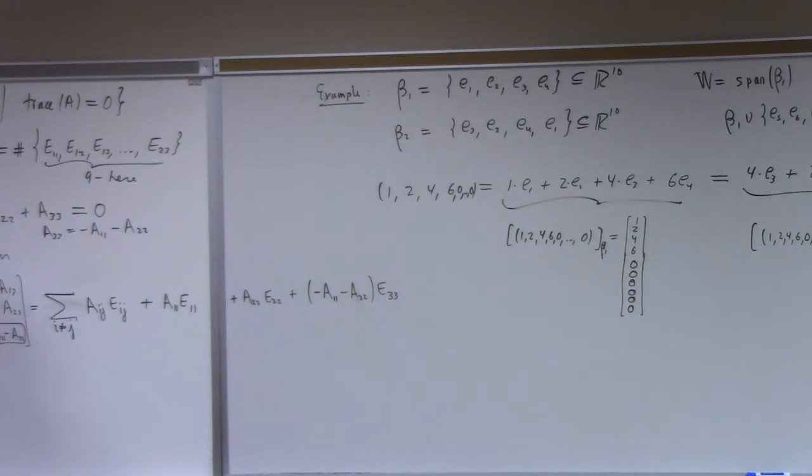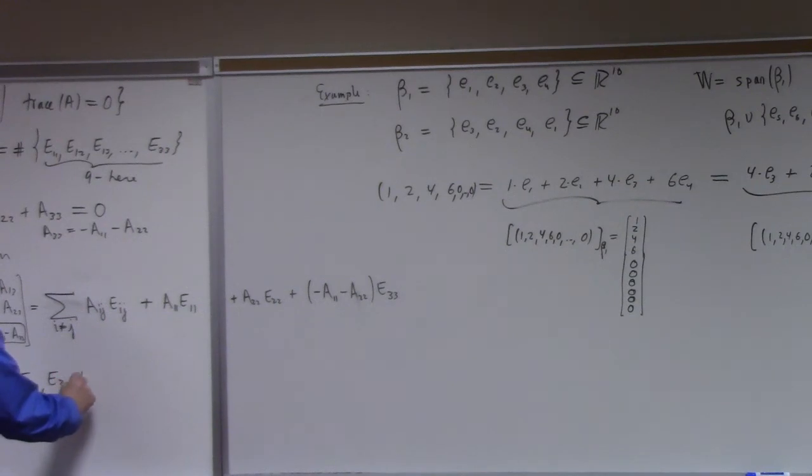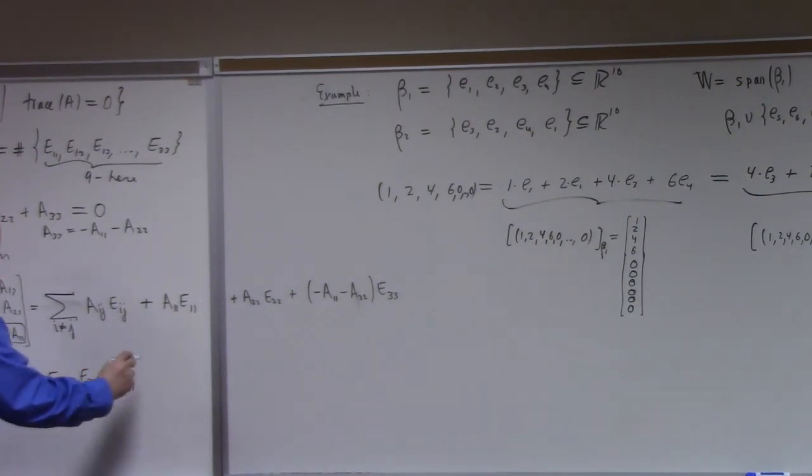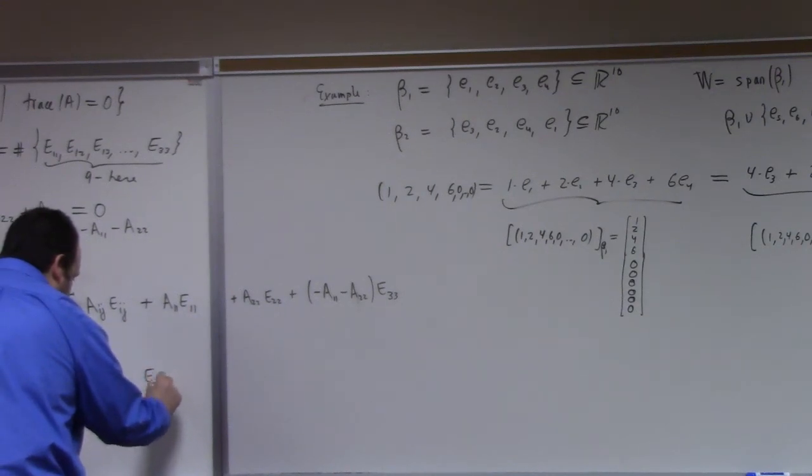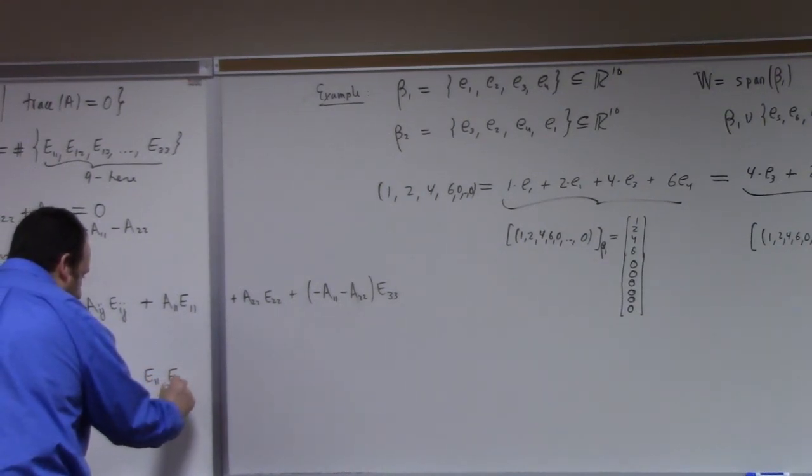So what's the basis for W in this case? At this point, you should be wondering, why on earth did you not do the 2 by 2 case? I don't know. I'm too far in. E12, E21, E12, E13, E21, E23, E31, E32, E11, E22.